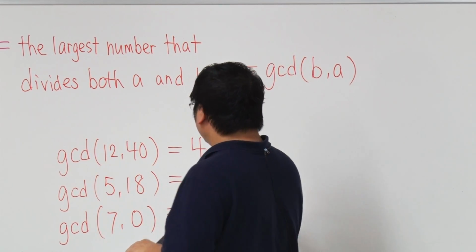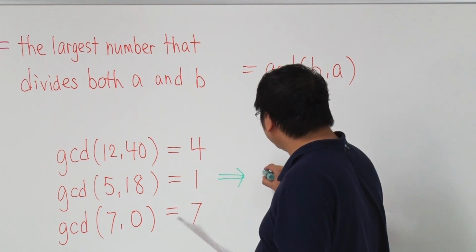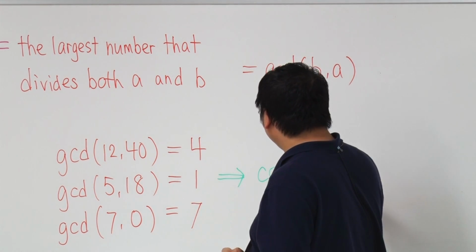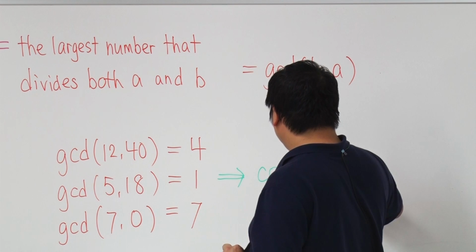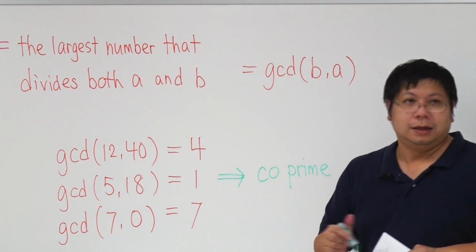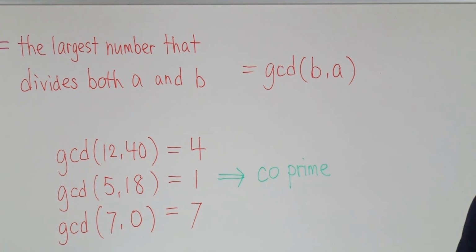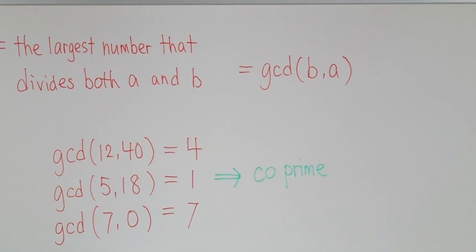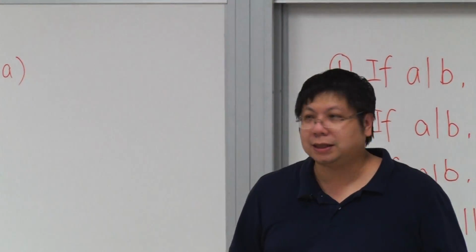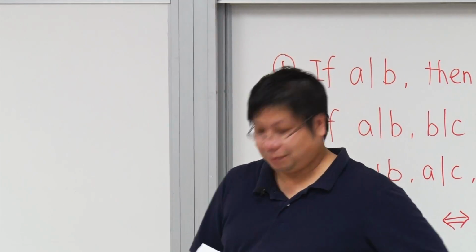When the GCD of two numbers is equal to 1, then we call these two numbers coprime. So 5 and 18 are coprime. It doesn't mean that any one of them is a prime number. It just means that the two of them don't have any common factor other than 1.